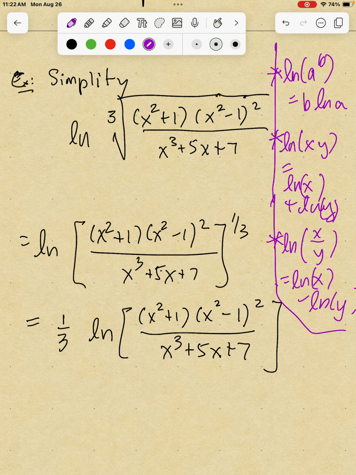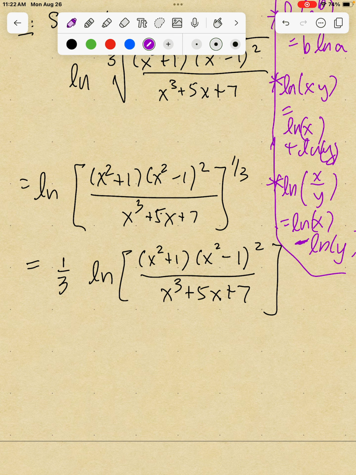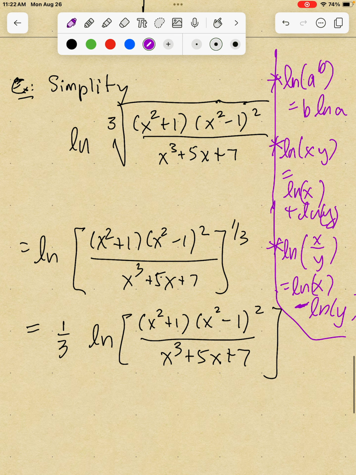Okay, so there's a bit more to explain. It doesn't follow immediately from the second one, but nevertheless this is true. Okay, and then also another one, we won't use this, but natural log of 1 is 0, right? And natural log of e to the x is just x.